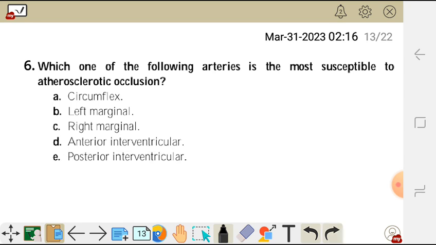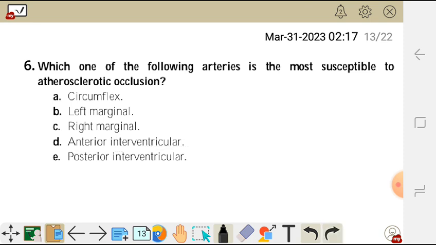And E. We have the posterior interventricular. So which one among these arteries is the most susceptible to atherosclerotic occlusion?